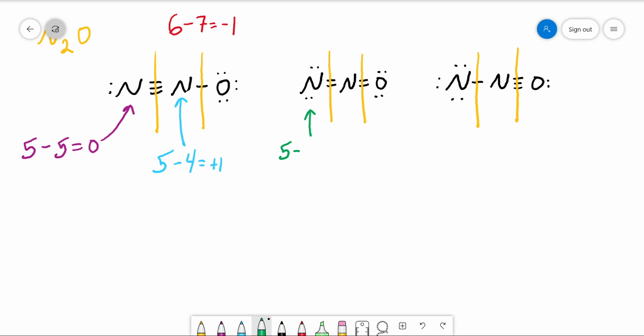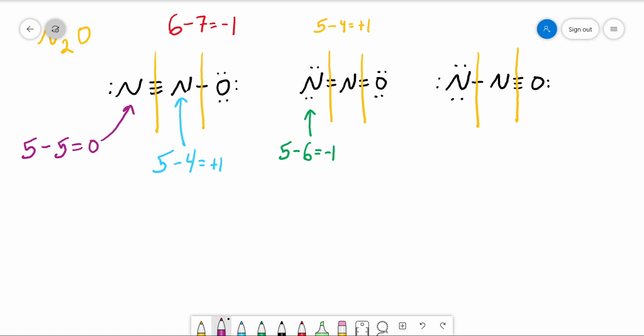Okay, so this nitrogen, 5 valence electrons minus 1, 2, 3, 4, 5, 6. That gives us a negative 1. Okay, this nitrogen here, 5 valence electrons minus 1, 2, 3, 4. That gives me a plus 1.